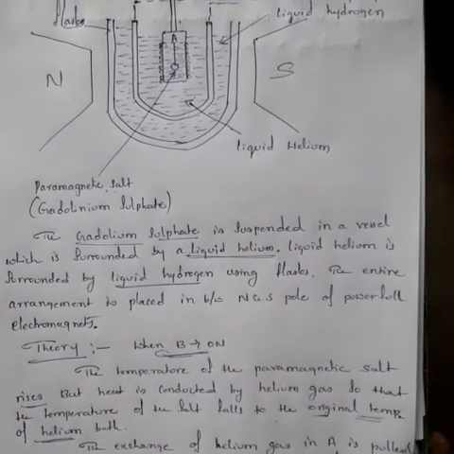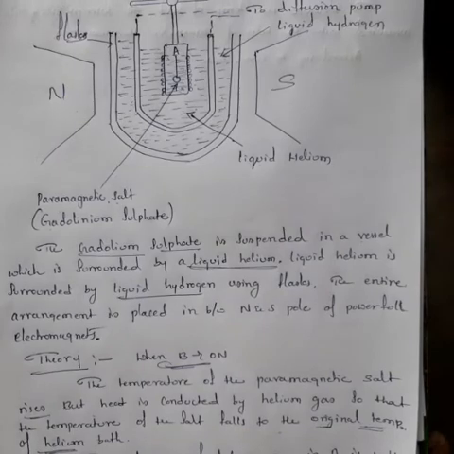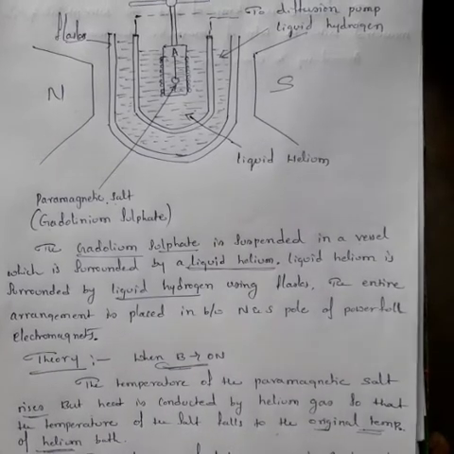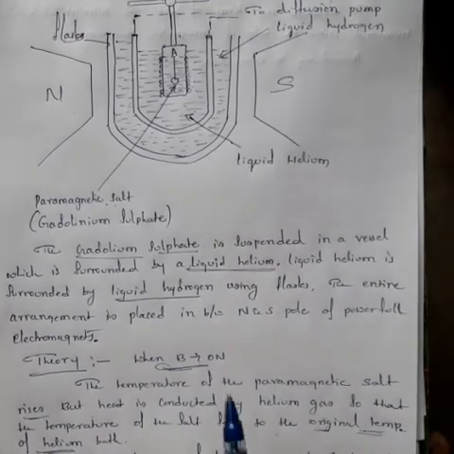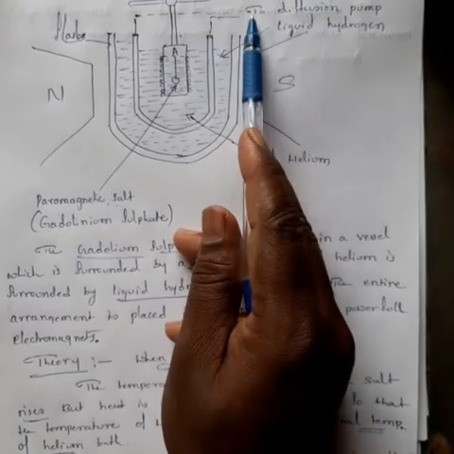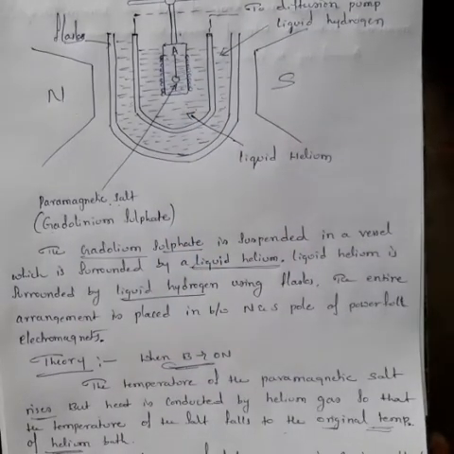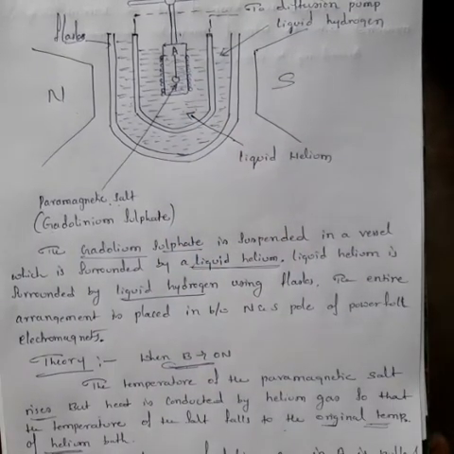Here we are explaining adiabatic demagnetization. Adiabatic, in the sense, means heat neither enters the system nor leaves the system. Therefore the produced heat is removed by the diffusion pump. This is the experimental arrangement when the magnetic field is switched on.